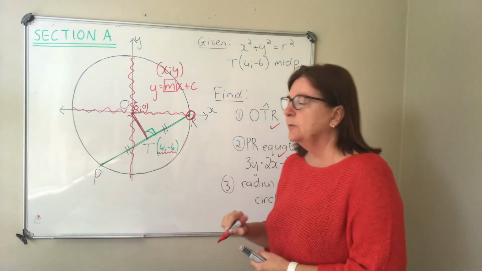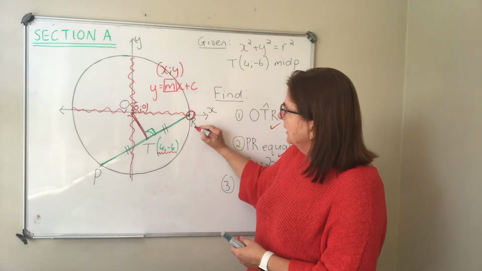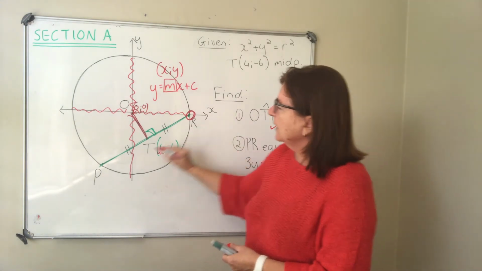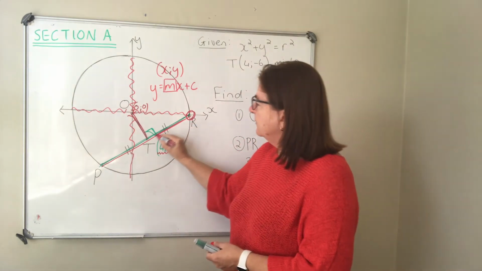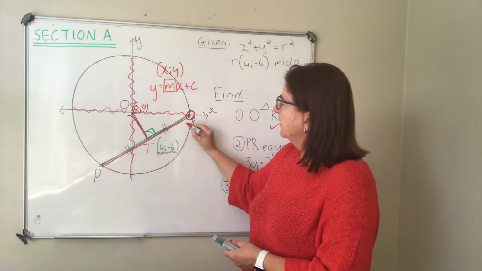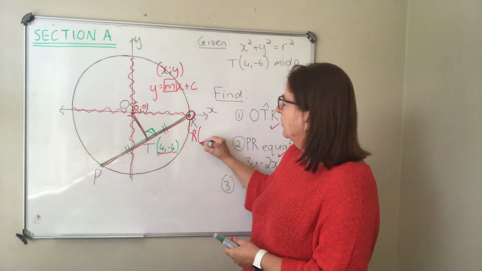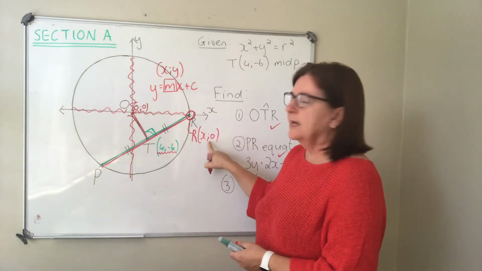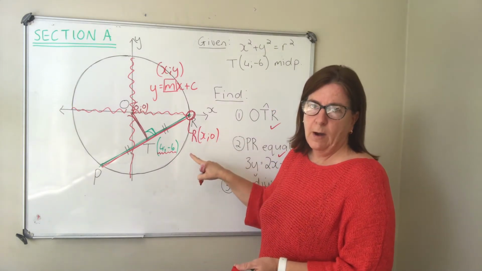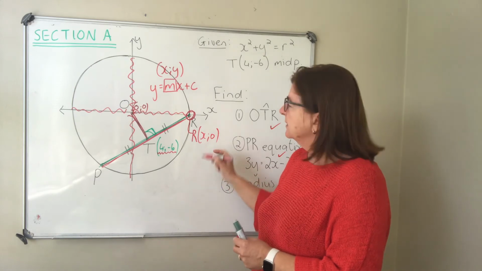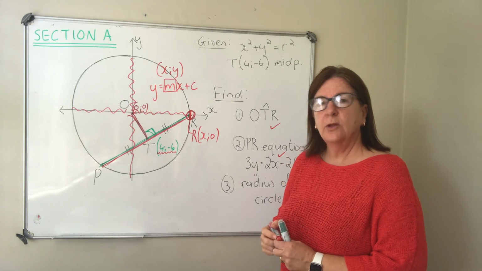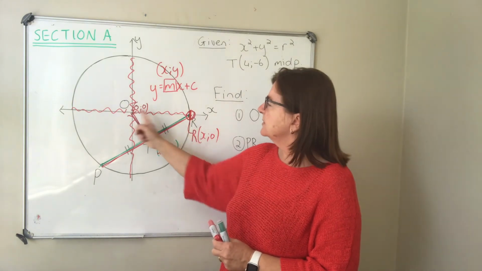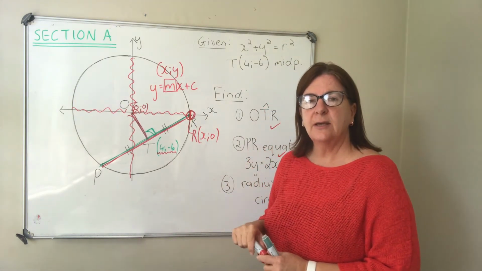We could find it out, but we don't have it. So we're going to use R. Now if we look at the previous one, we found the equation of that line. So if we can find the equation of that line, we can find R. Because R is going to be an x-intercept, so we make y 0 and solve for x. Then once we've got that point there, we will know the radius, because the radius will be from the center to whatever that x value is there.